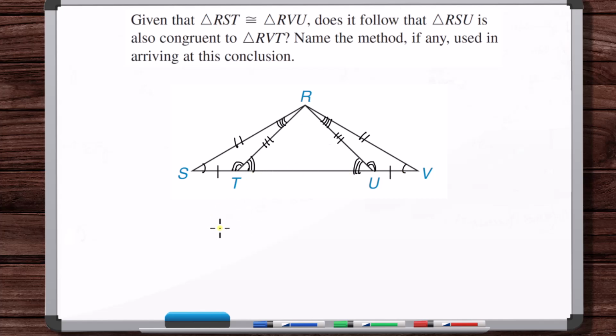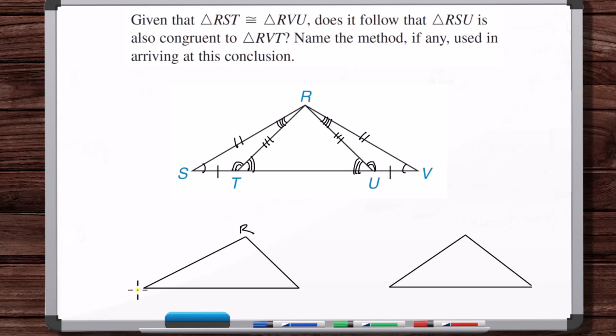So we can draw this. Now comparing these two triangles directly, here's RSU. This side is congruent to this side, right? The double dashes, RS and RV.